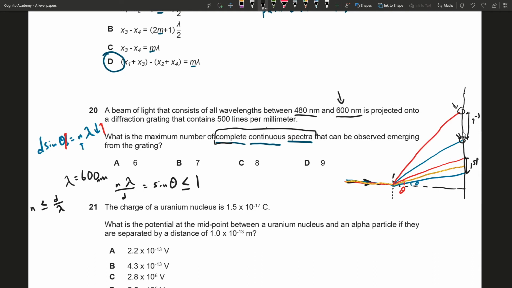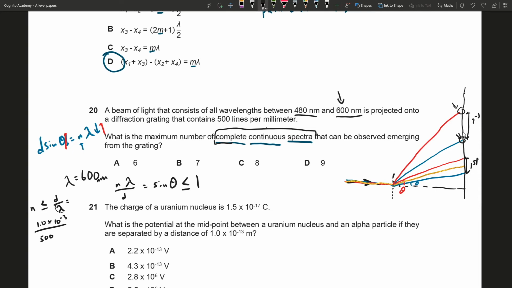Alright, so we just have to put this in numbers. Let me just write this on the next line. I'm running out of space. d is 500 lines per millimeter, meaning 1 millimeter, 1.0 times 10 to the power minus 3 divided by 500, divided by our wavelength.